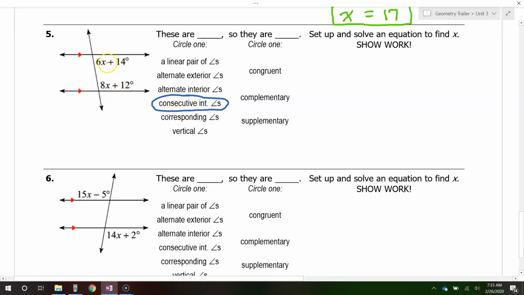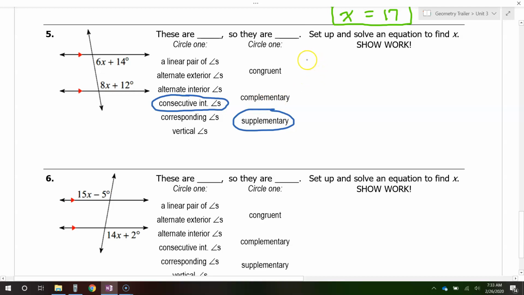They are consecutive because they are on the same side of the transversal. If they were on opposite sides, they would be alternate interior. But these are consecutive interior. Sometimes these are called same side interior. That's the same thing. Anyway, consecutive interior angles are always supplementary.